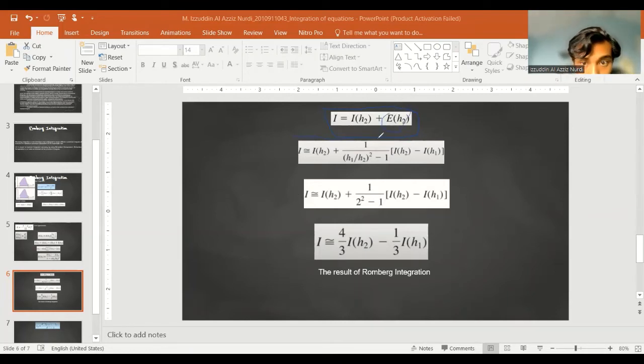So the value of E_H2 is this, we substitute it in this formula, then we have this, and after that this is the result of Romberg integration.